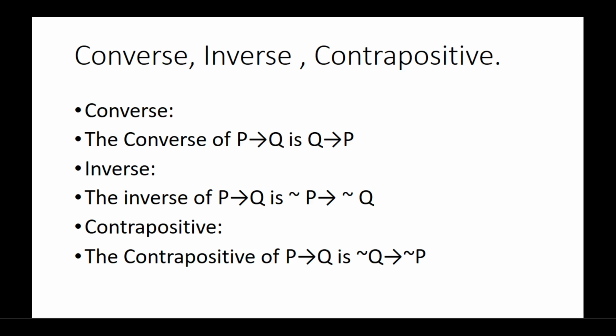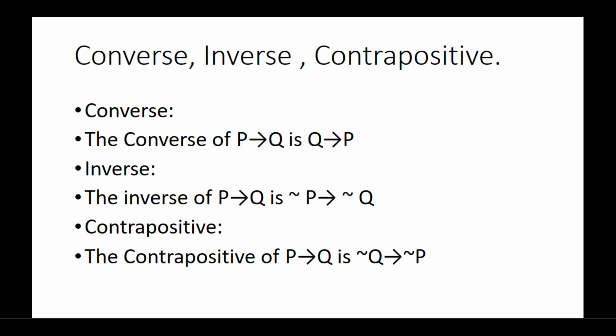That is, if the given conditional is P implies Q, then the converse is Q implies P. So, if two triangles are similar, then their corresponding sides are proportional.